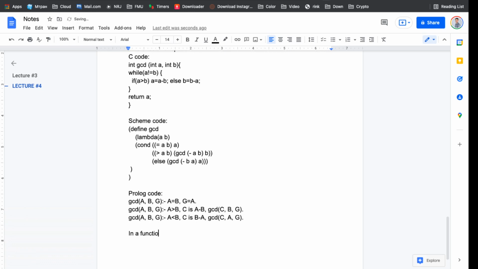In a functional language, the emphasis is on the mathematical relationship of outputs to inputs.